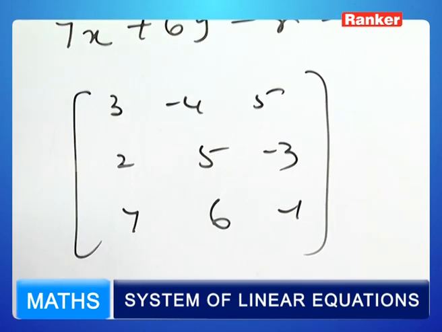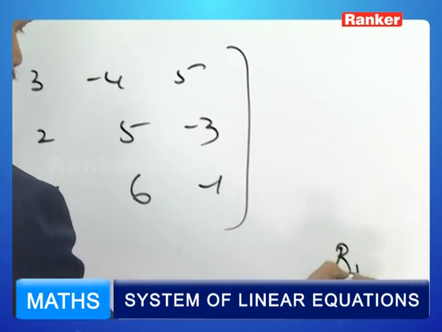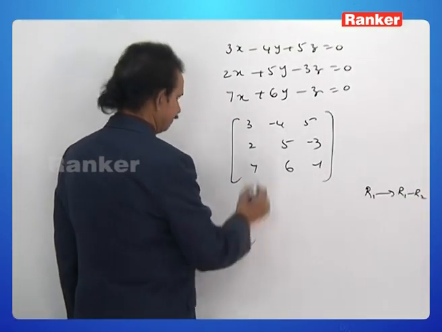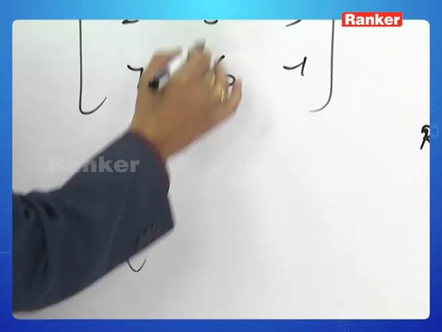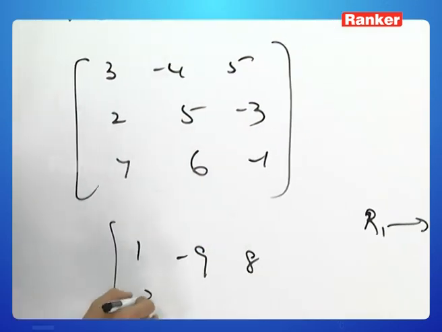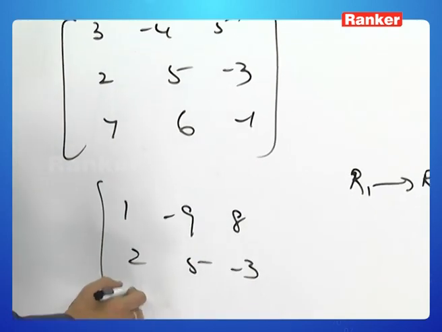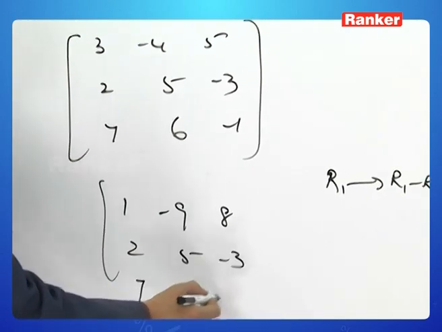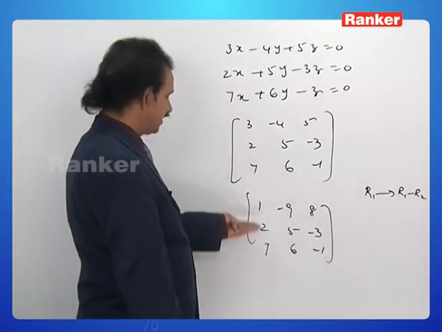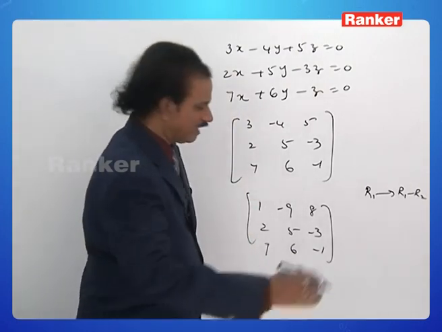Let us make this 1. R1 changed as R1 minus R2. 3 minus 2, minus 4 minus 5, 5 minus of minus 3, 2, 5, minus 3, 7, 6, minus 1. Now you apply R2 minus 2R1, R3 minus 7R1.